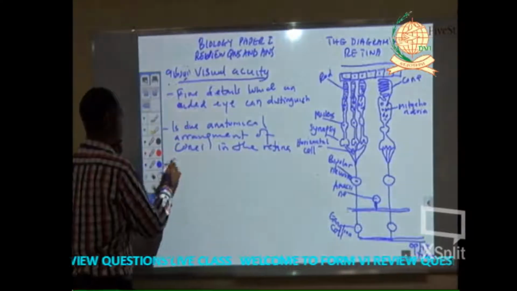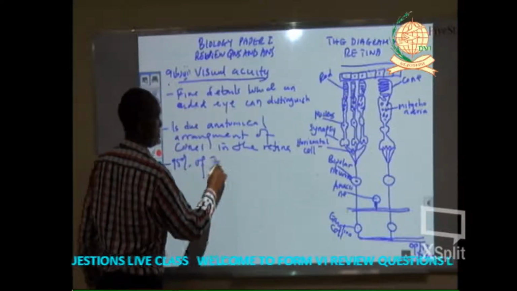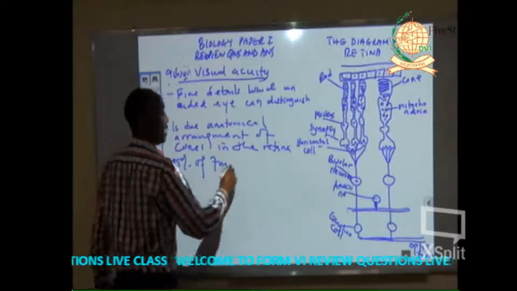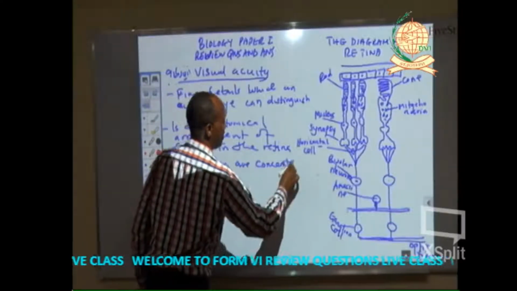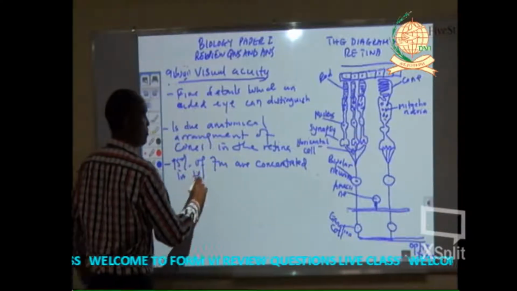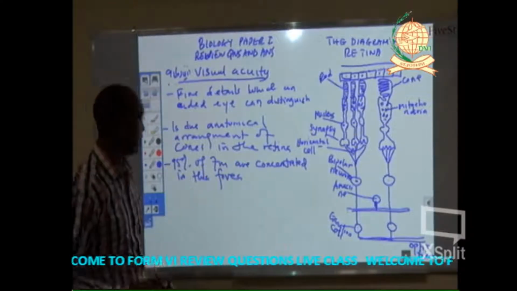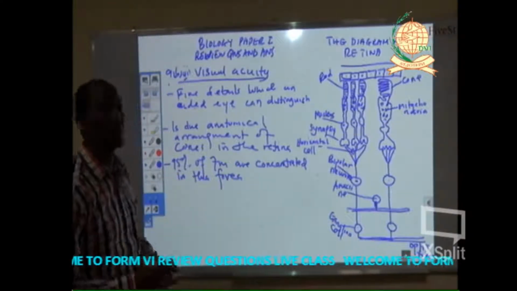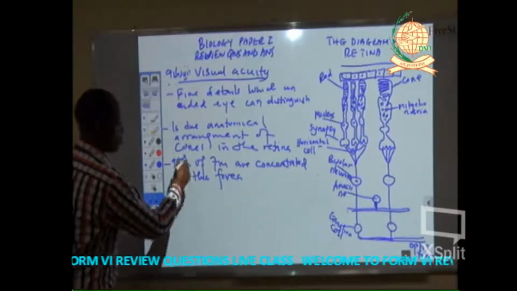It is said 95% of these cones, which is 7 million, are concentrated in the fovea, the place of the retina which is called fovea. This increases the visual acuity. So it's due to this one.